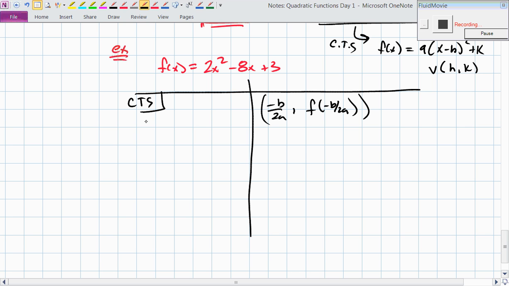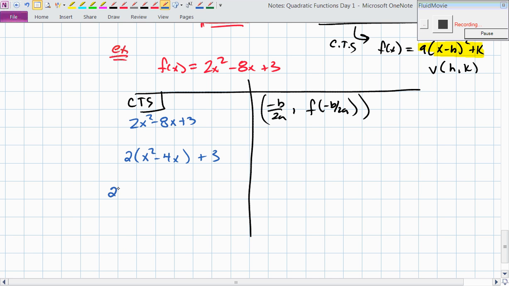All right, so the first one, how do we complete the square on this? Well, let's work with this. I have 2x squared minus 8x plus 3, and I'm trying to figure out where the vertex is. So I'm going to factor out a 2, giving me x squared minus 4x, and then plus 3. Because after all, remember, I'm trying to make it look like this. I want this form out of it. Now I'm going to complete the square.